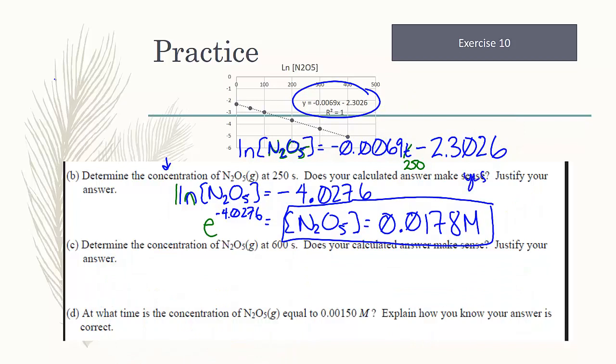So yes, our answer makes sense because it is between 0.025 and 0.0125. Second verse, same as the first. What is the concentration at 600 seconds?